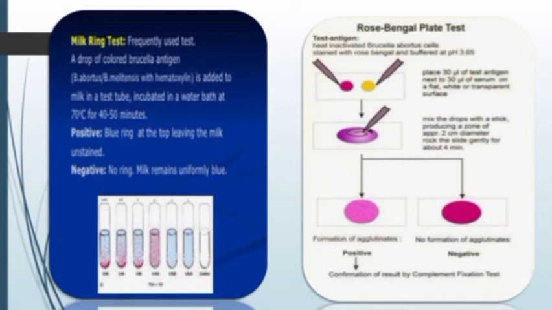Mix the drops with a stick, producing a zone of 2 cm diameter. Rock the slide gently for about 4 minutes. Formation of agglutinates is positive, with confirmation of the result by complement fixation test. And if there is no formation of agglutination, then it is negative.